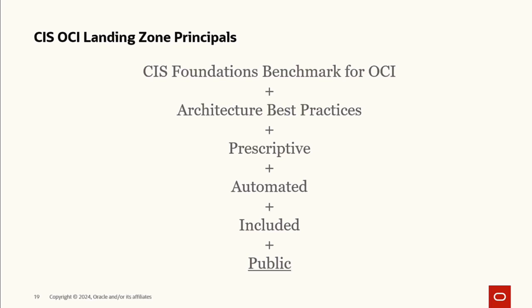And the landing zone essentially piggybacks on that philosophy and deploys security services that are included. You don't have to pay any extra for deploying the landing zone. And last but not least, the solution is publicly available in GitHub. It's open source. It can be used as is today. You can customize it, or you can just look at it and be inspired to create your own landing zone.